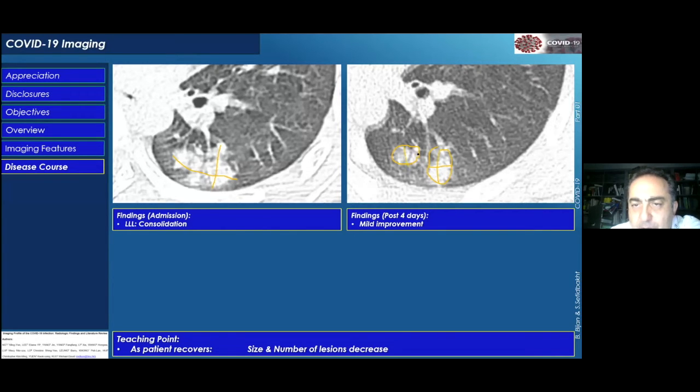Now that can be a problem because in your report, you're going to say currently 2 lesions are seen. So if the referring physician is not really reading your reports carefully, they may think that that lesion actually got bigger. Well, in reality, that lesion is getting better. That's why it is separating into 2 smaller entities. So this is important.